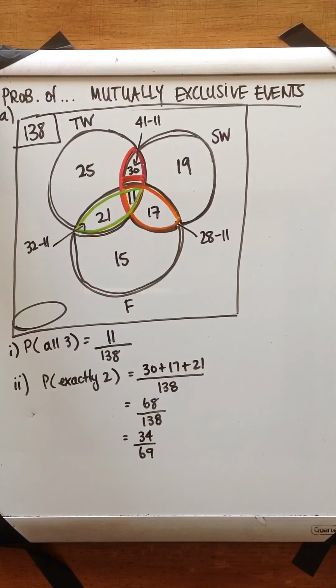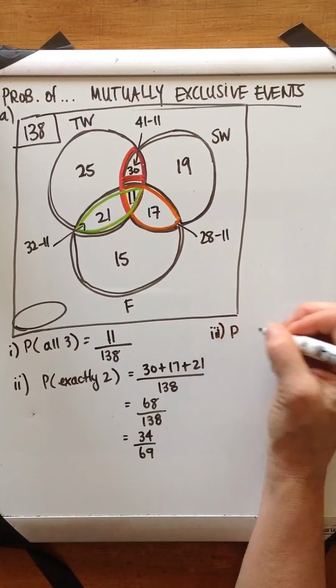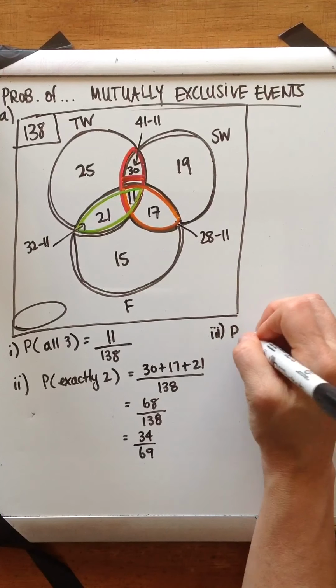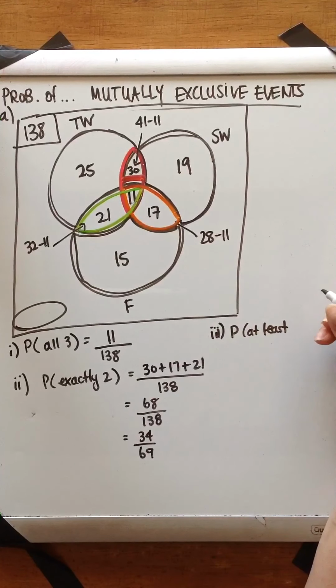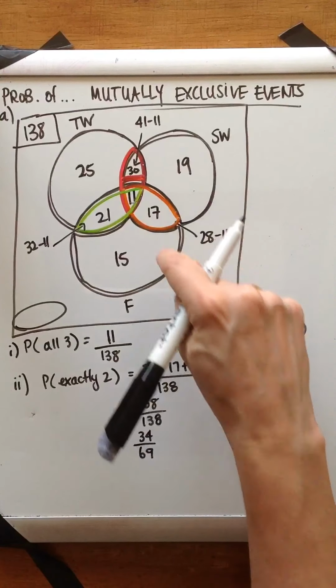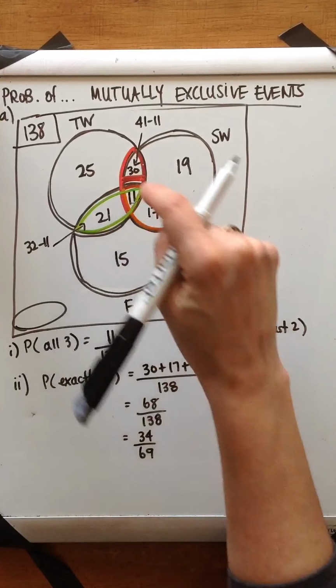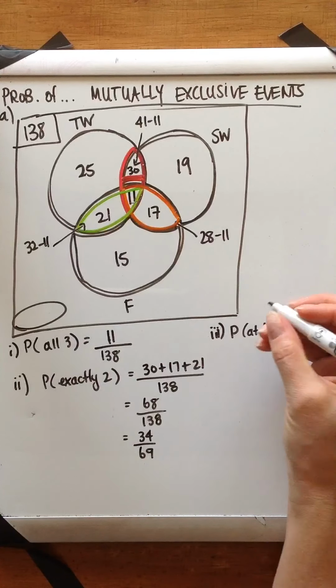Let's look at part 3 in your note, which says what's the probability that there are at least 2 subscriptions that random subscribers belong to. So at least 2 would include these areas, but would also include the middle, because that's 3, so it's more.